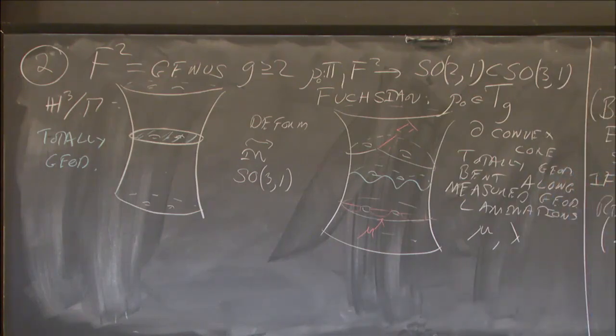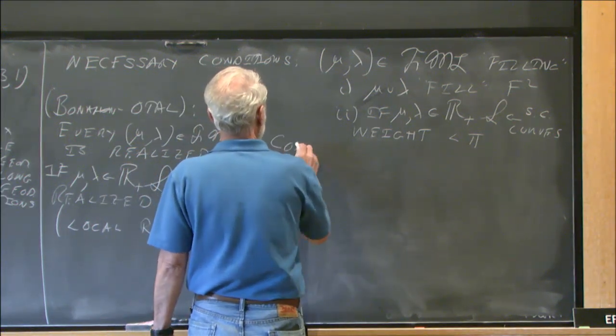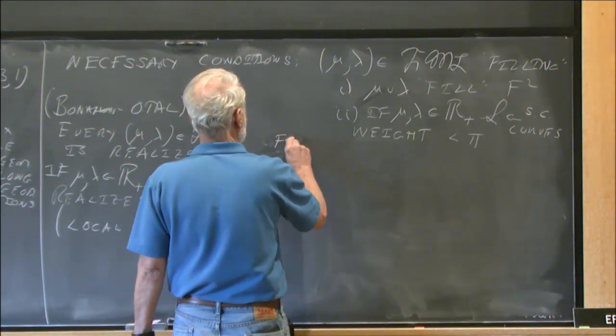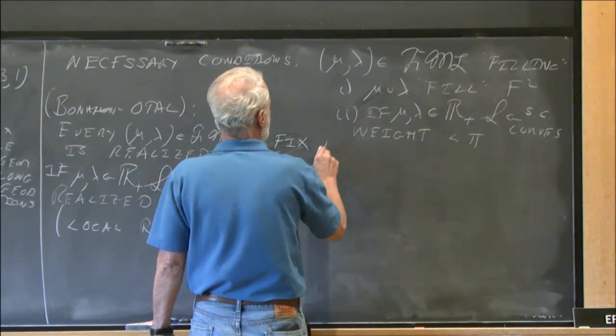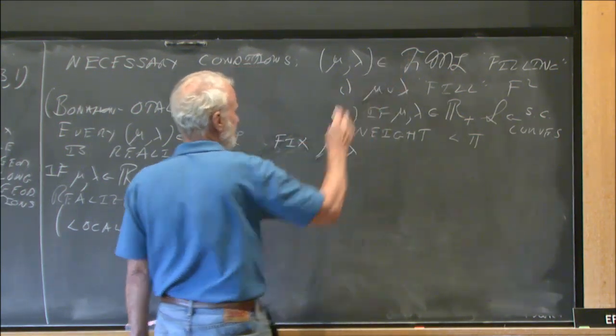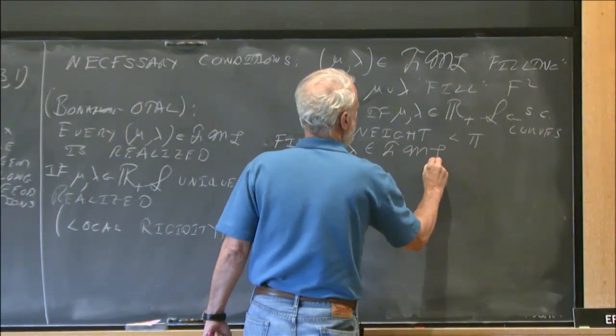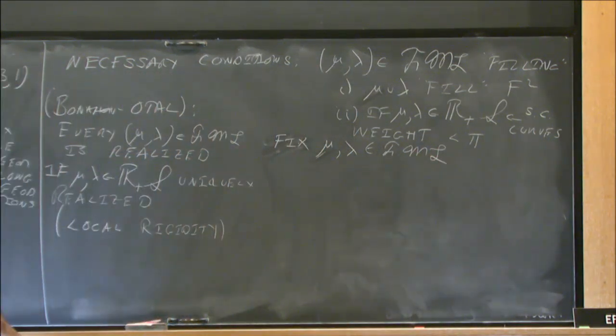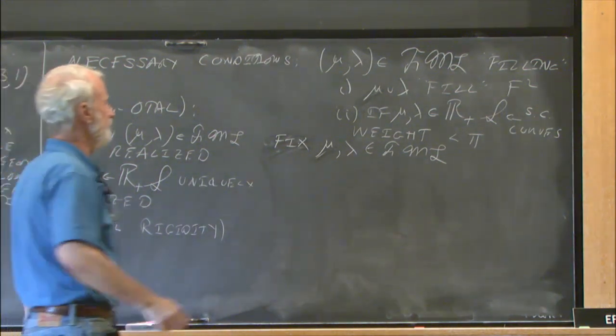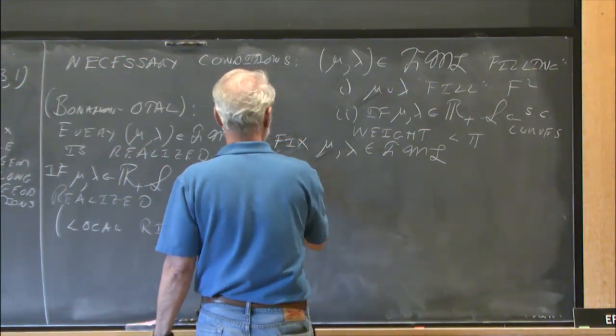But now I want to consider, well, let's fix mu and lambda, realized one in here. And now I want to start with something here and now just start decreasing the weights. Okay, flatten it out.